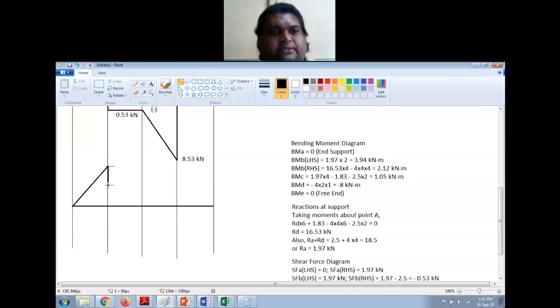Then there is a sharp decrease in the bending moment, and then it will go on. BMC is 1.05, so somewhere half of this. Let us say this is 1.05, and at D it is minus 8, so it will be on the negative side.